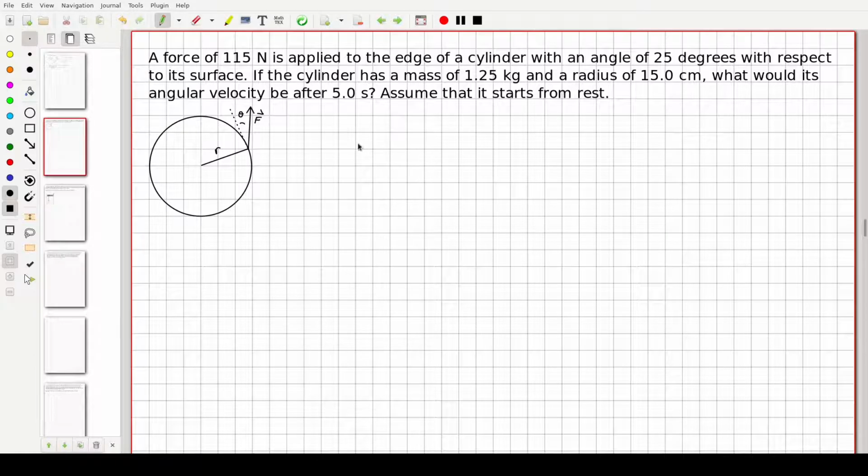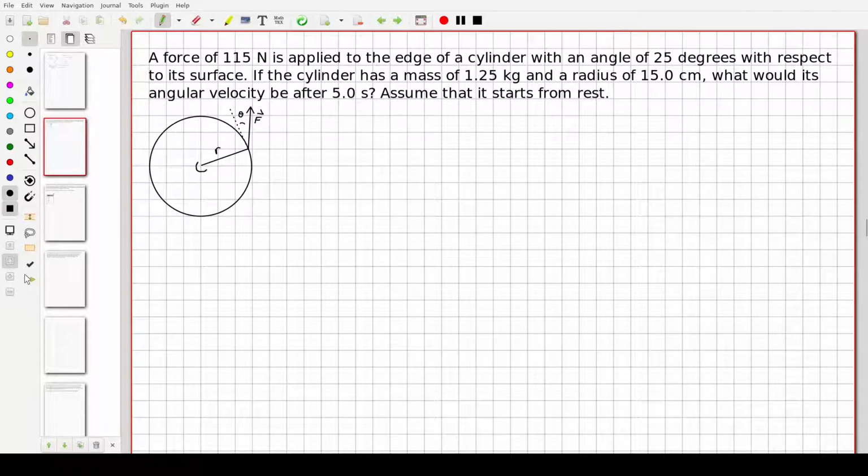So this will be the first example that we work where we have an object with a well-defined moment of inertia that's experiencing a change of motion due to a torque. So here we have a force of 115 newtons that's applied to the edge of a cylinder. And what you're looking at here is the cylinder straight down its axis.